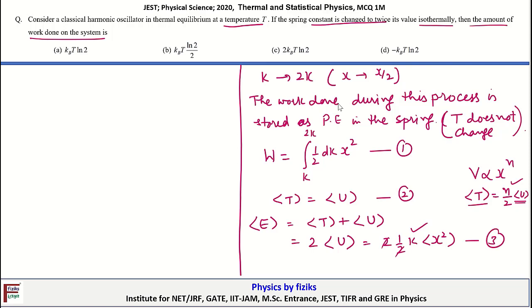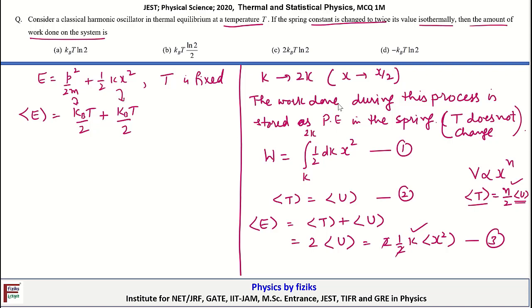If we take a look at the Hamiltonian for the spring, it consists of two terms: p square by 2m, for the one-dimensional oscillator, that's the kinetic energy, plus the potential energy term. Because temperature is held fixed, the average energy can be written as kBT by 2, the contribution from the kinetic term according to the equipartition theorem, and another kBT by 2, the average potential energy, and their sum is equal to kBT.